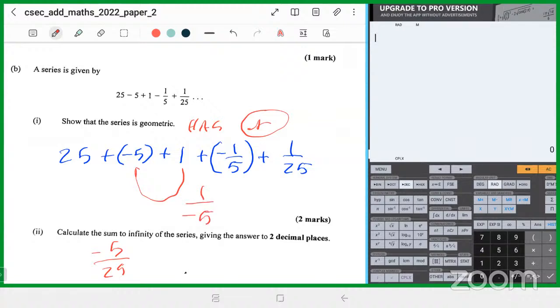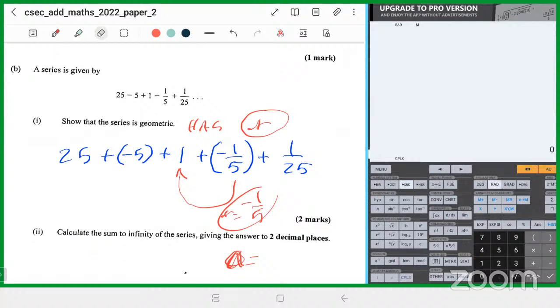Same thing. Or this one divided by that one gives minus 1/5 divided by 1, minus 1/5. So that is the R right there. And then what is the A? 25. Exactly.